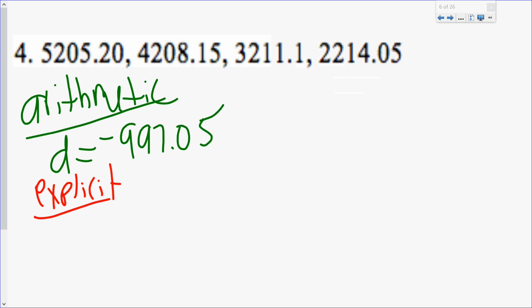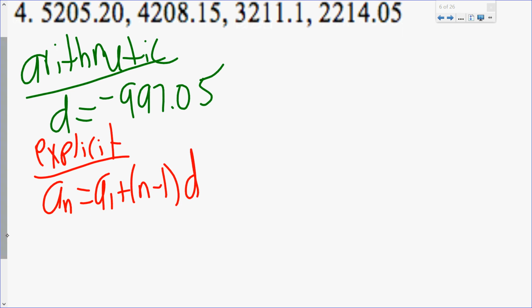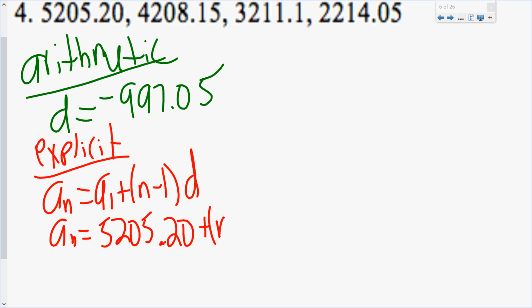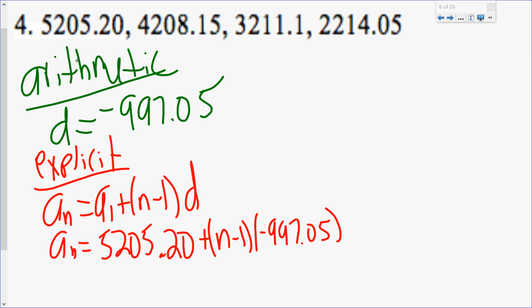This is given to you in your reference sheet: an equals a1 plus n minus 1 times d. So an equals 5205.20 plus n minus 1 times negative 997.05. It's okay to leave your answer like that, but you might see it in slope-intercept form, so you would distribute.